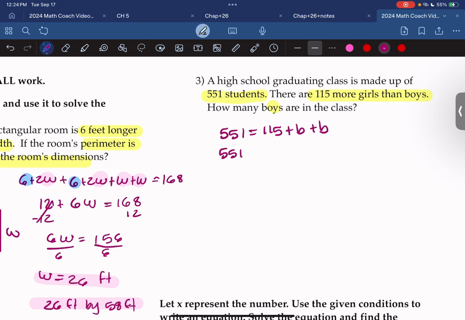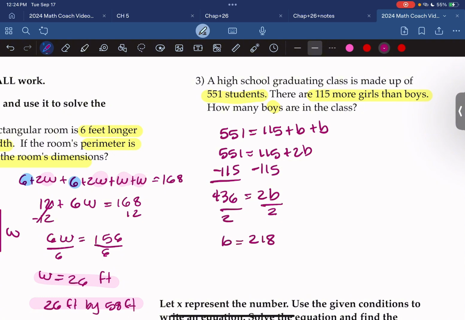So combine like terms, so it's going to be 2b minus 115, minus 115, so that's going to be 436 equals 2b. Divided by 2, divided by 2. B is going to give us 218. 218 what? 218 boys.